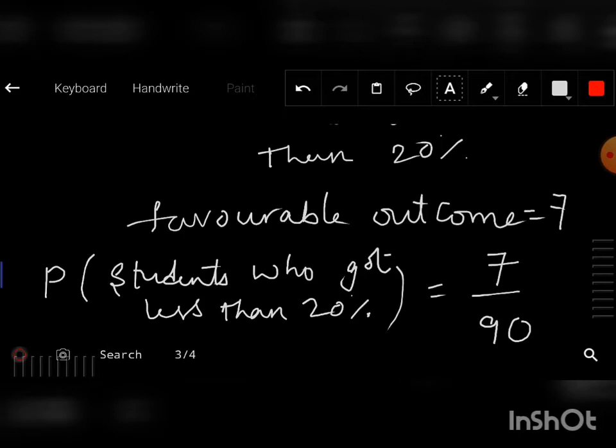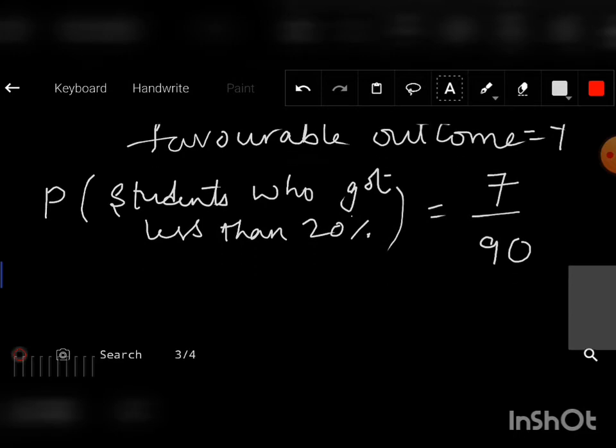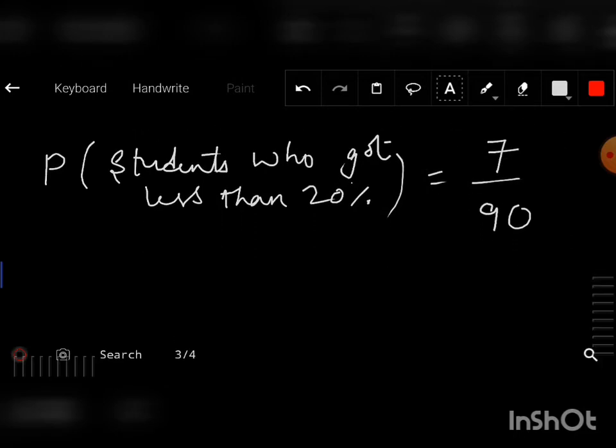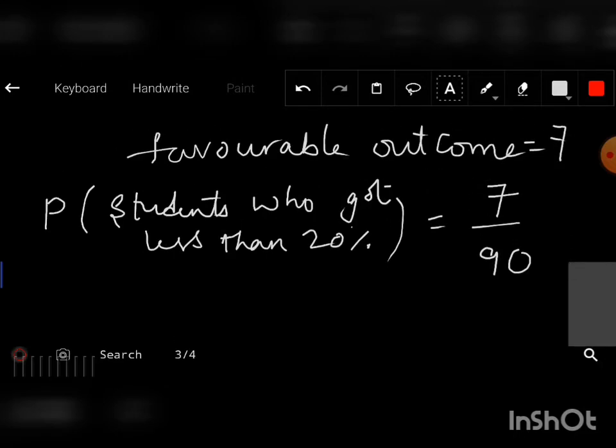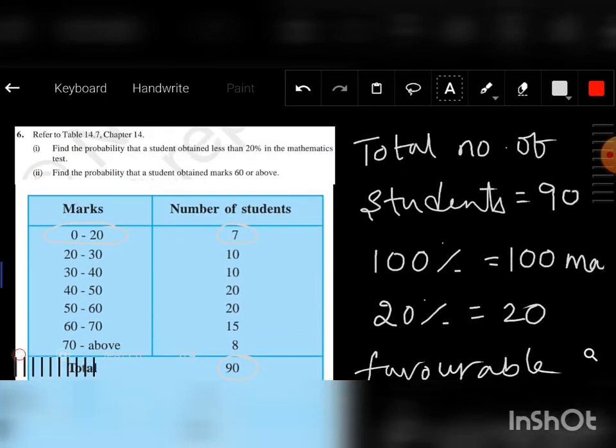Okay, now let us see the second problem. Find the probability that a student obtains 60 or above.